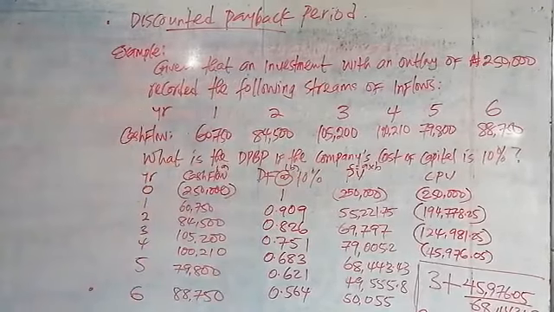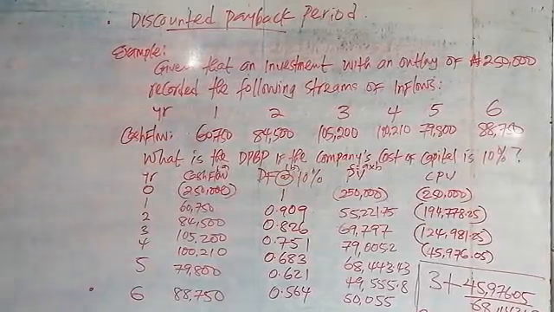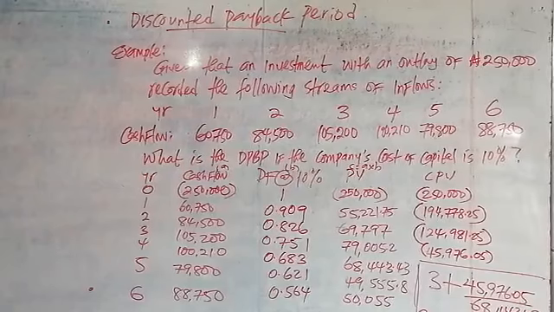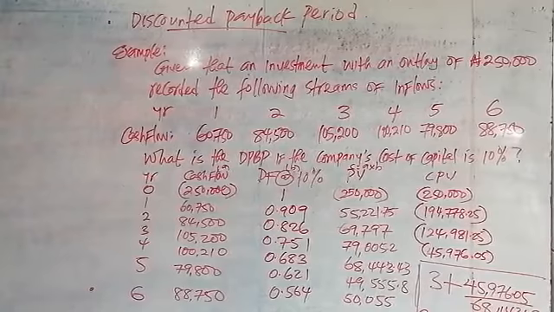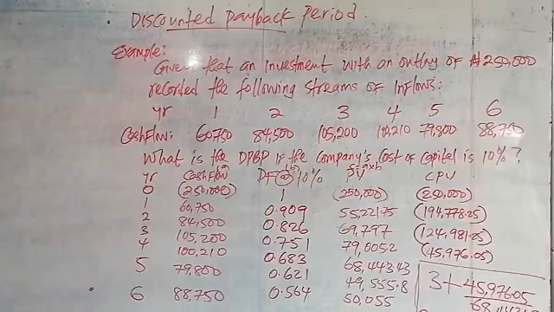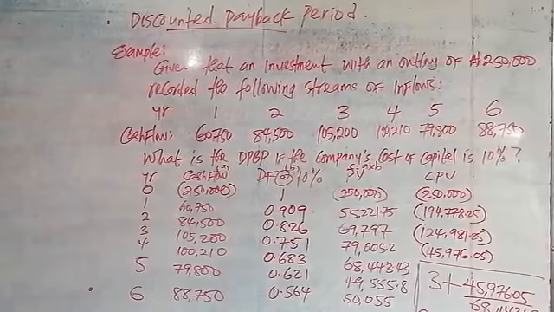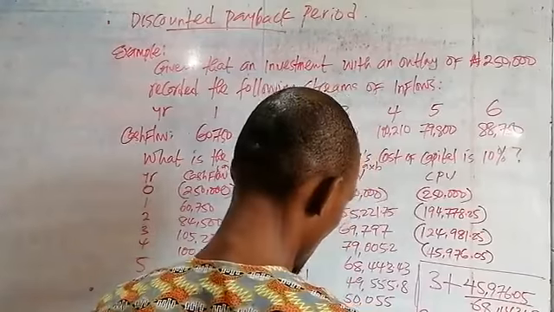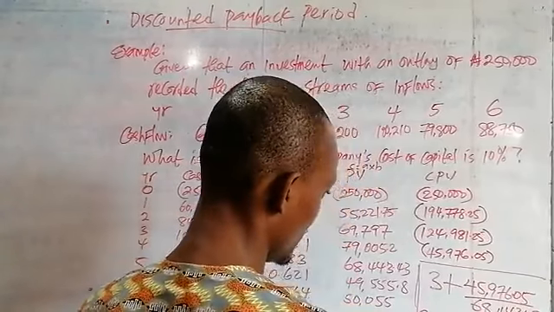So now we've got 3 years, 3 points. Let's divide it and see what we are going to have. 45,976.05 divided by 68,443.43, we have 0.67.